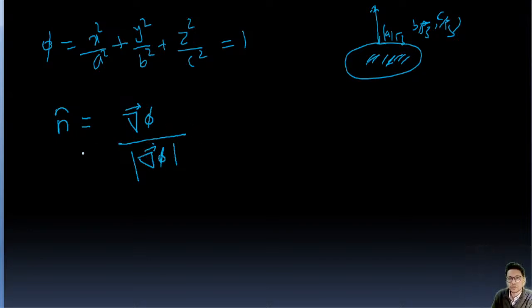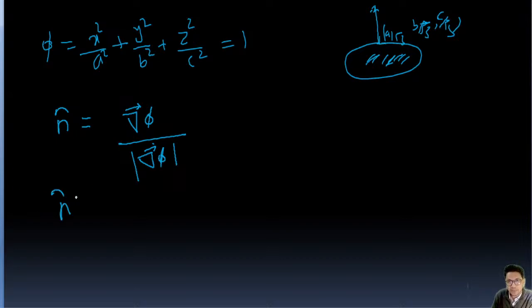This is the normal vector on a level surface. If it only asks for a vector normal to the surface of the ellipsoid, then it would be gradient of phi. But it is asking for the unit normal vector, so it is going to be gradient of phi upon mod of gradient of phi.